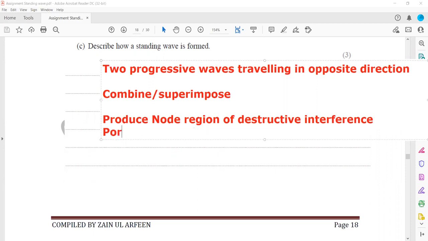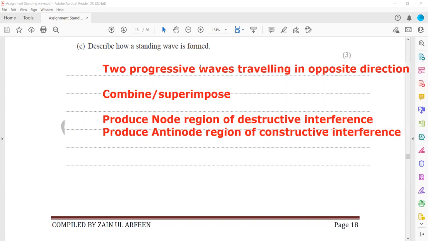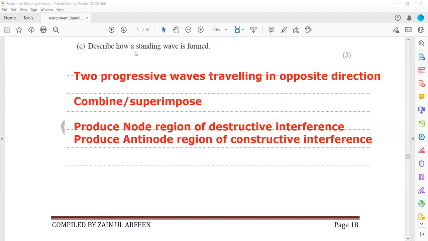And produce antinodes, regions of constructive interference. So this is always the answer whenever they ask how standing waves are produced.